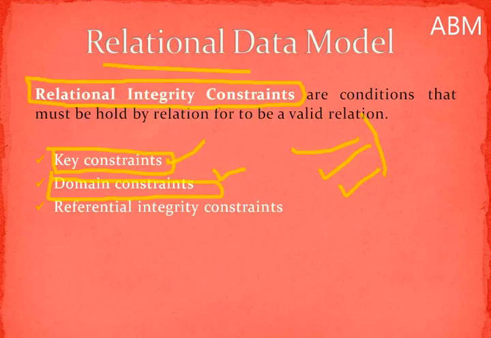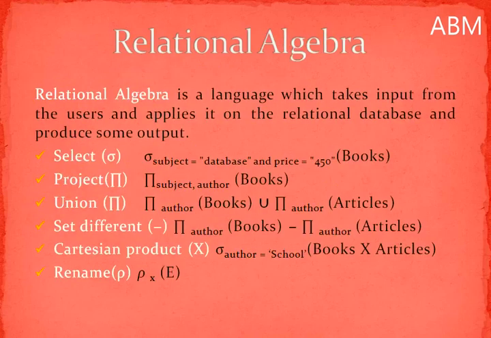So this is a domain constraint. Referential integrity constraints are associated with the relationship, the constraints applied between the entity relationships.